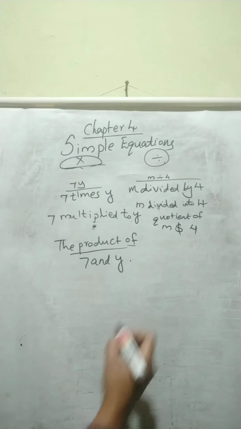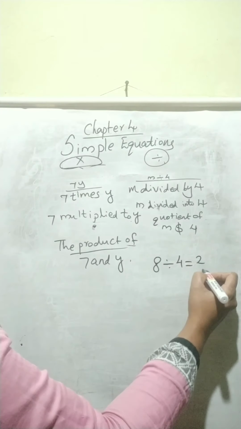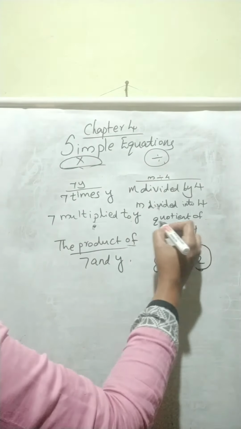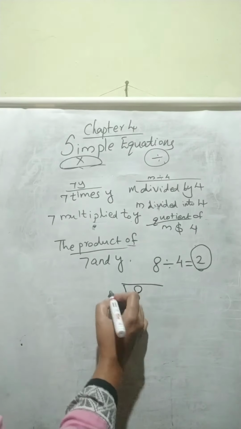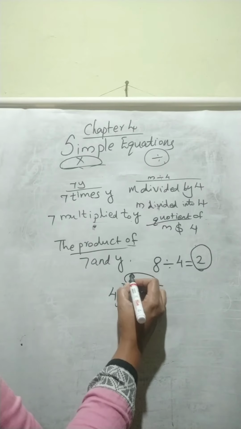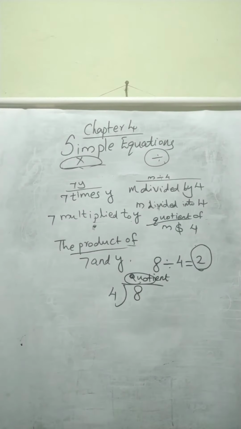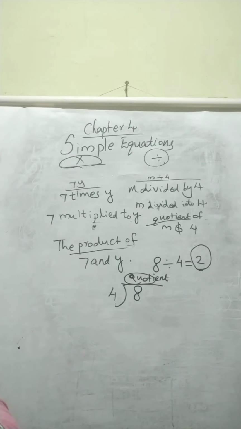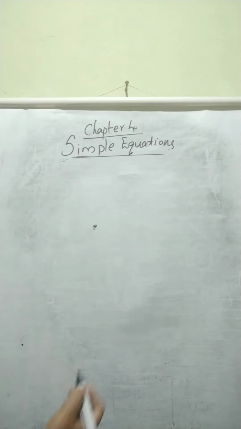What is that? Here 8 divided by 4 is equal to 2. This answer is known as the quotient. Now we have studied the different phrases for our 4 operations.